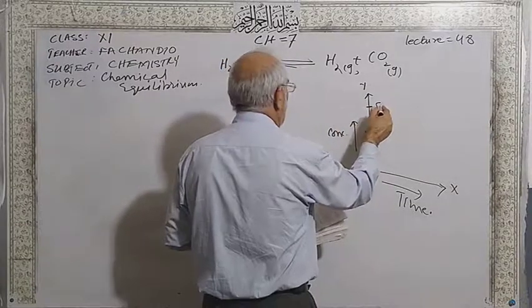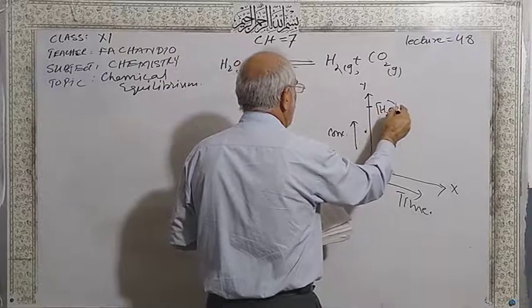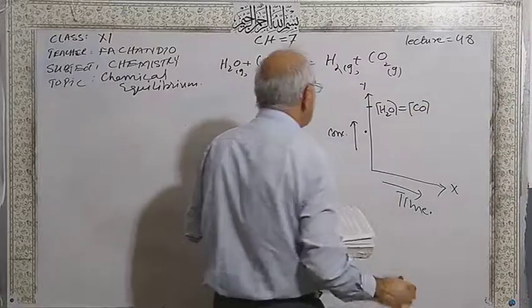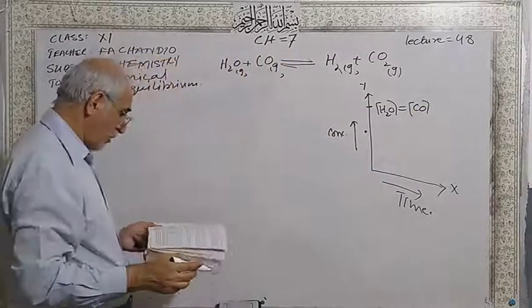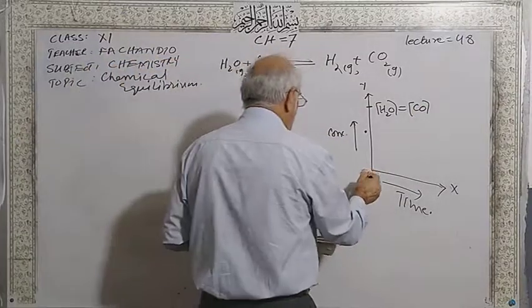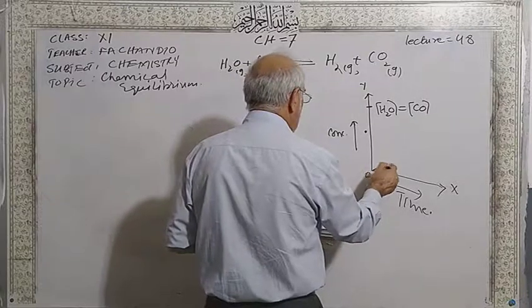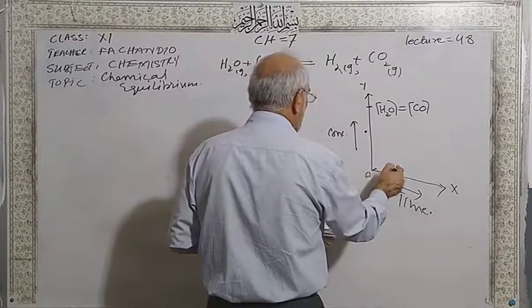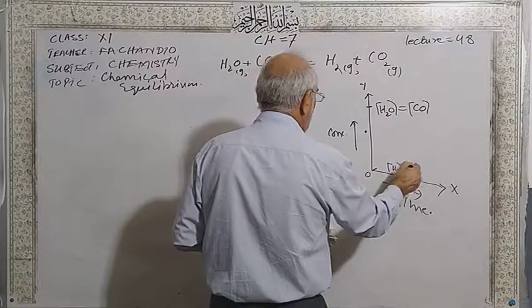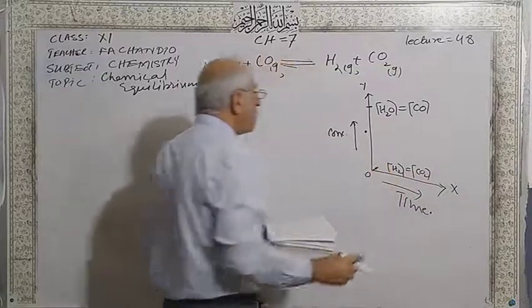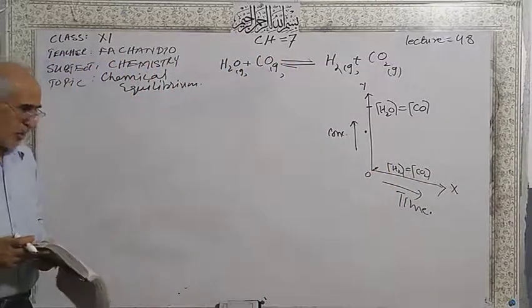This is the concentration of water, the same number of moles, and the concentration of carbon monoxide. The initial concentration of the reactants is maximum here, and the concentration of the products is zero, because the chemical reaction has still not started.